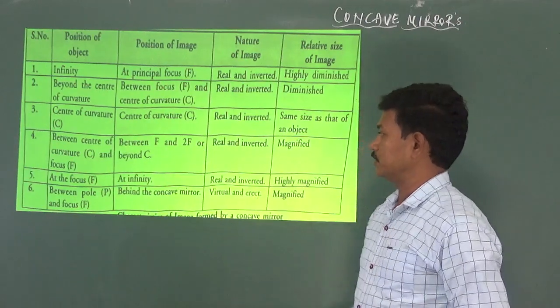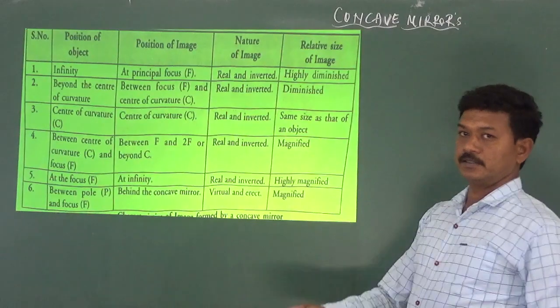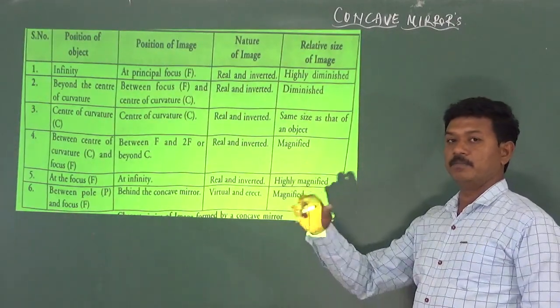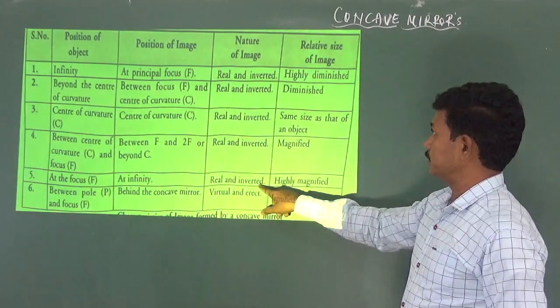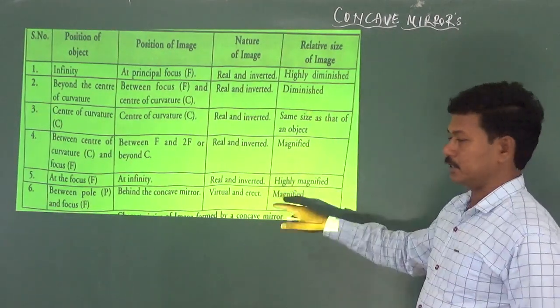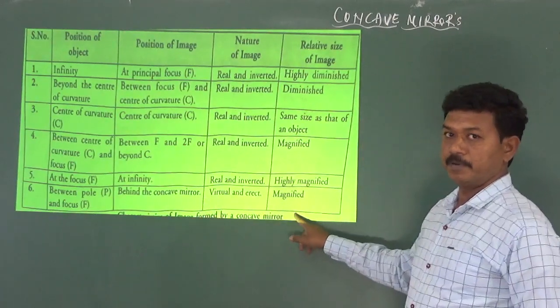When you keep the object at the focus, the image is formed at infinity, because the two parallel light rays after reflection from the mirror meet each other at infinity. At infinity the image will also be real and inverted. It is highly magnified, a very big image. This is very important and a very peculiar one.